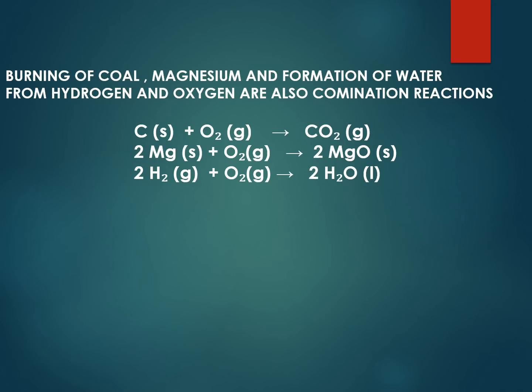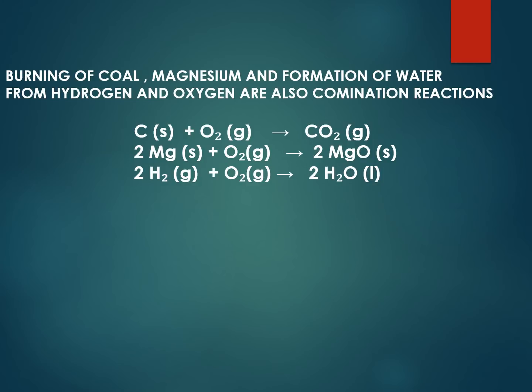There are many other chemical reactions which are examples of combination reactions. For example, burning of coal, burning of magnesium ribbon and formation of water. These are a few examples which we can give. Coal is carbon: C plus O2 gives CO2.